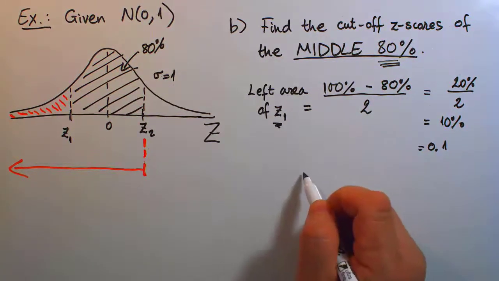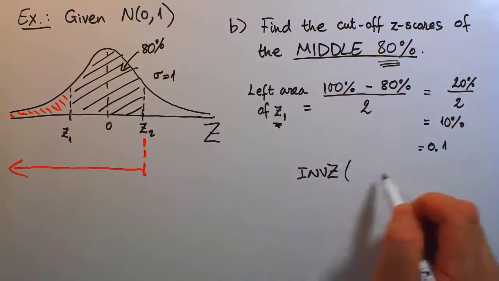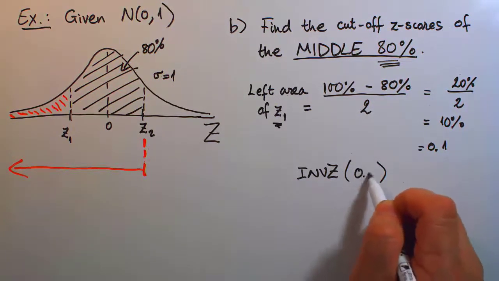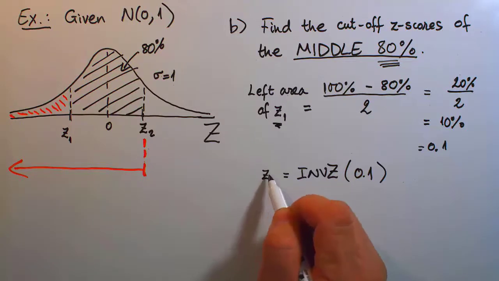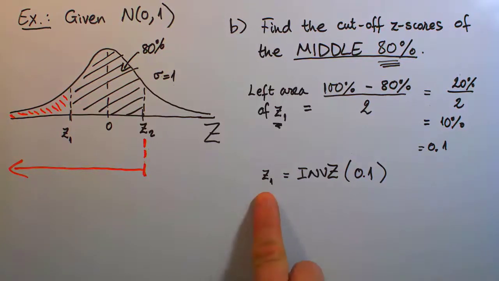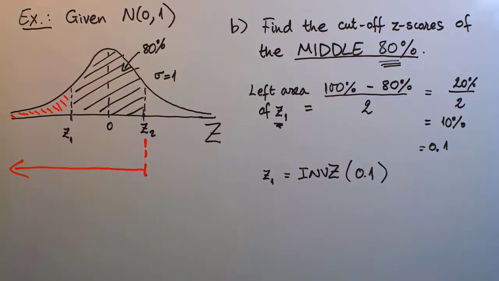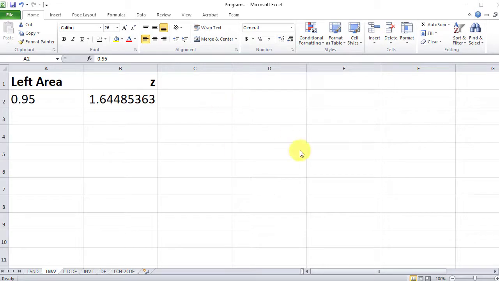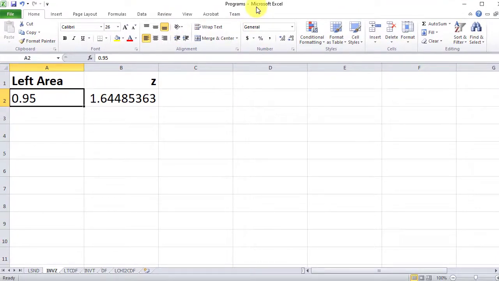But so I'm going to run my INVZ program, and I'm providing 0.1 as the given left area. So my value coming out of this program is expectedly my Z1 value, my Z-score 1, the low end right here. And so here's my Z-score. So back into my INVZ program, now I'm going to go ahead and enter 0.1.